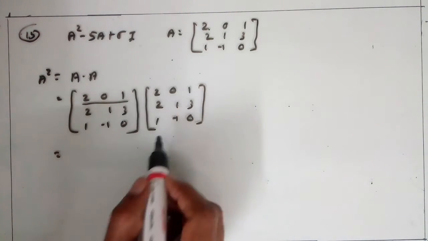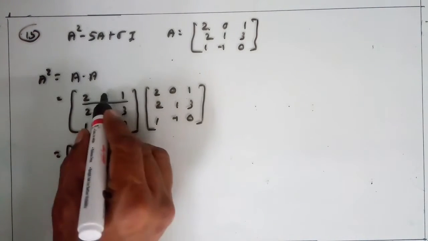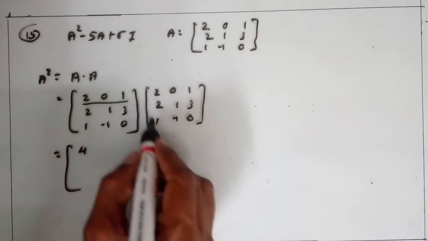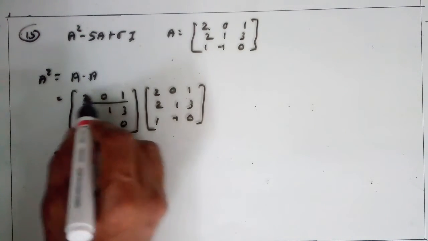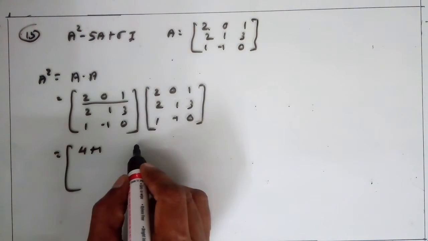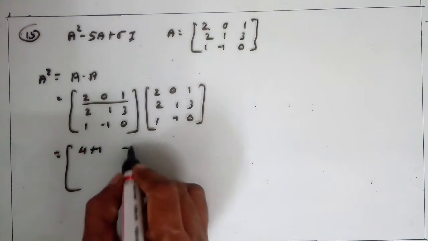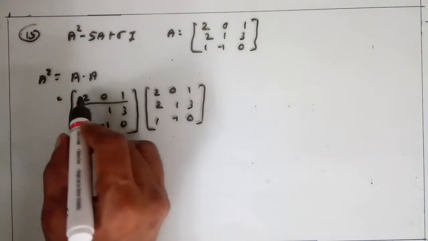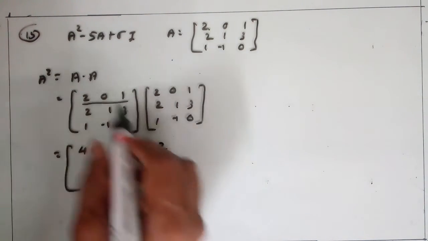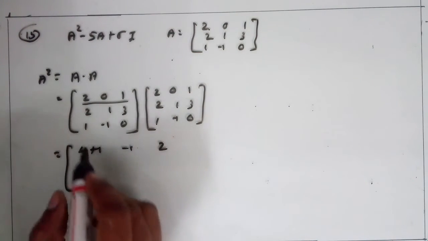First row, first column: 2 into 2 is 4, 0 into 2 is 0, 1 into 1 is 1, that is plus 1. First row, second column: 2 into 0 is 0, 0 into 1 is 0, 1 into minus 1 is minus 1. Similarly, first row, last column: 2 into 1 is 2, 0 into 3 is 0, 1 into 0 is 0, that is only 2.